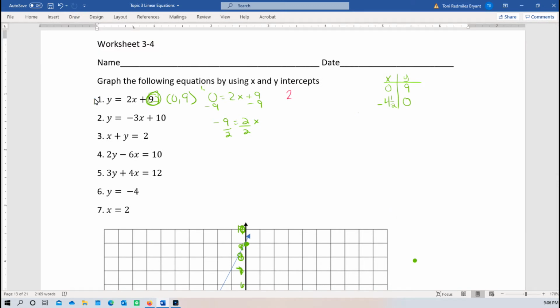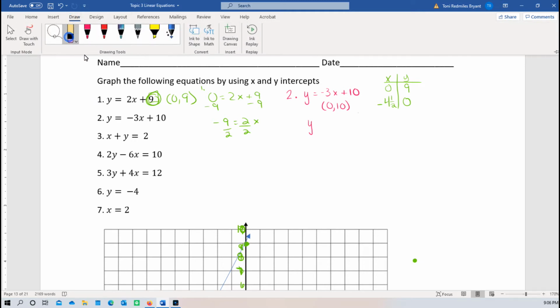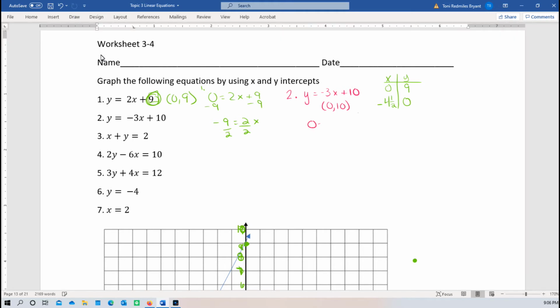All right, number 2. We already know what our y-intercept is. That's what the b, or the 10 in this case, is. That's 0, 10. Now we just need to put 0 in for y. Keep doing that. And solve for x. First thing we have to do is subtract 10 on both sides.